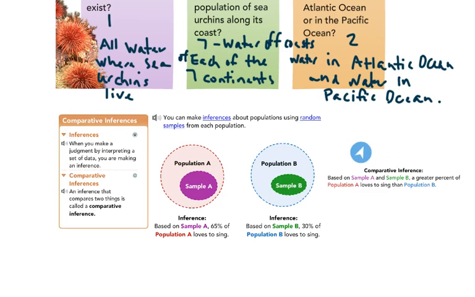Now, if you look over here, a comparative inference would be comparing the two different populations. So based on the samples A and B, a greater percent of population A loves to sing than population B. So you can make an inference about each individual population, and then you can make a comparative inference comparing the two different populations. Let's take a look at the next page.